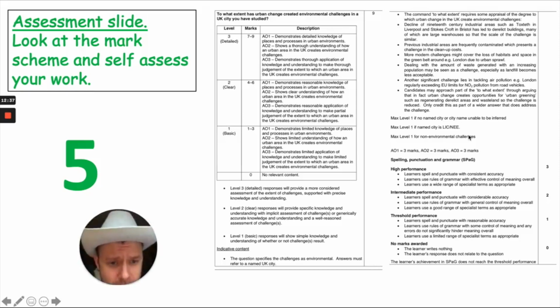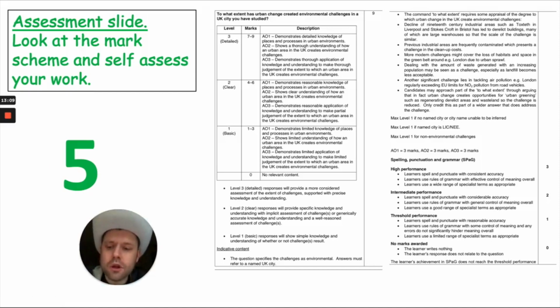So it's the final thing I'm going to look at. If you look down here, one mark, spell and punctuate with reasonable accuracy. So if you write a sentence that makes sense, you're probably not going to use capital letters correctly, maybe, but you get 1 mark for that. For intermediate, you've got considerable accuracy. The rules of grammar add to the quality of your writing.